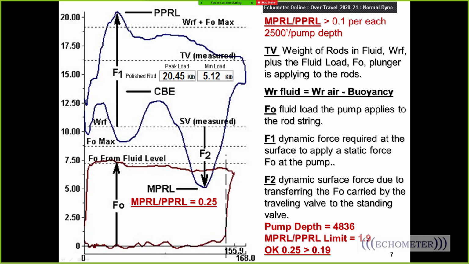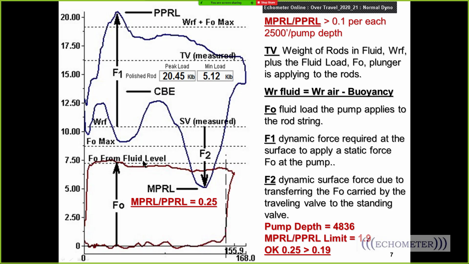And the paper that we just referenced on the title slide says that this ratio between peak polish rod load and minimum polish rod load should be greater than 0.1 per each 2,500 feet. So if your well is like 5,000 feet, this ratio should be greater than 0.2.